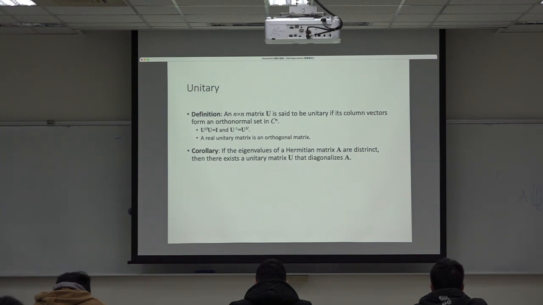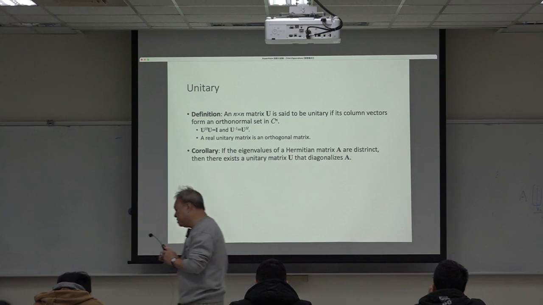And this can be written as AX equal to XD, where D is the diagonal matrix with lambda 1, lambda 2, ..., lambda n, and the other entries are 0. Then it's pretty much the same thing.